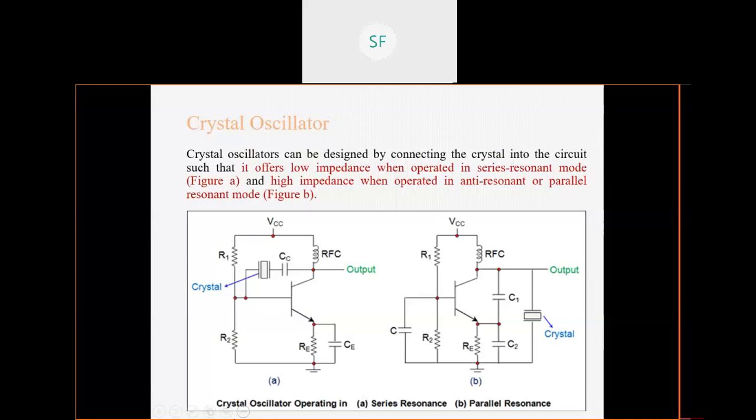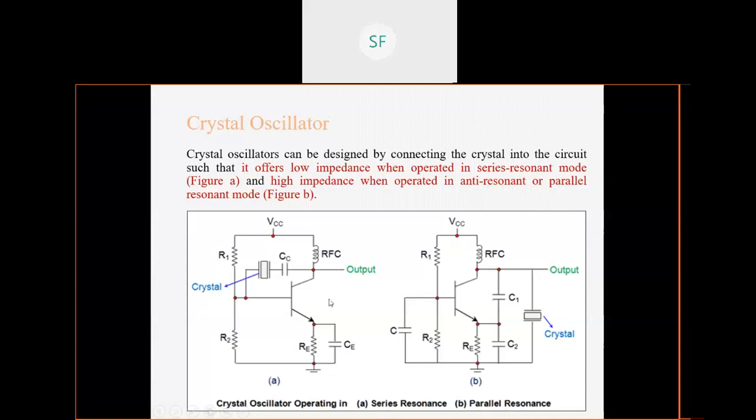Now, if you are using your crystal in series resonant frequency, to oscillate it in series resonance, you need to design your circuit like this. So diagram A is the circuit for series resonance, whereas circuit diagram B is for parallel resonance.